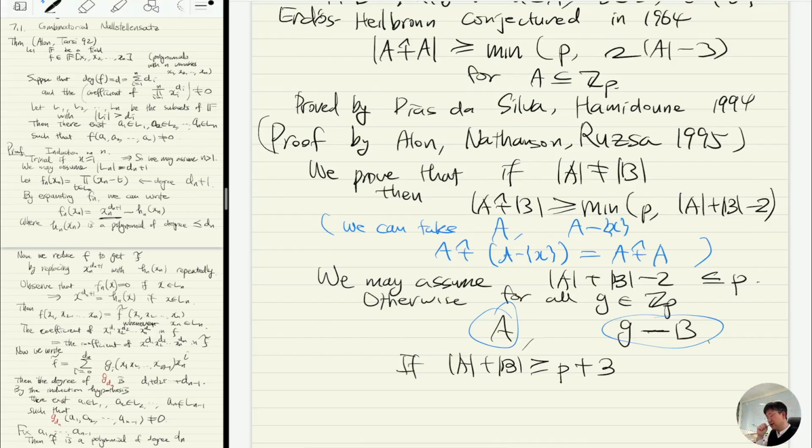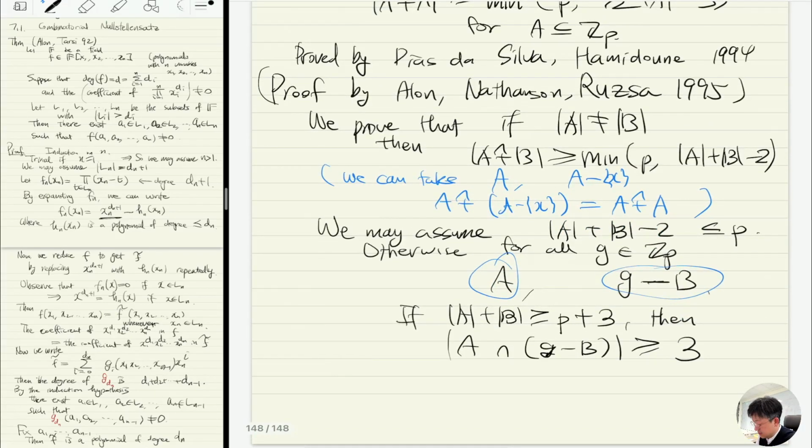How many overlap do we have? The intersection of A and g minus B has size at least 3. And so that means I have a1 equal to g minus b1, a2 equal to g minus b2, a3 equal to g minus b3.